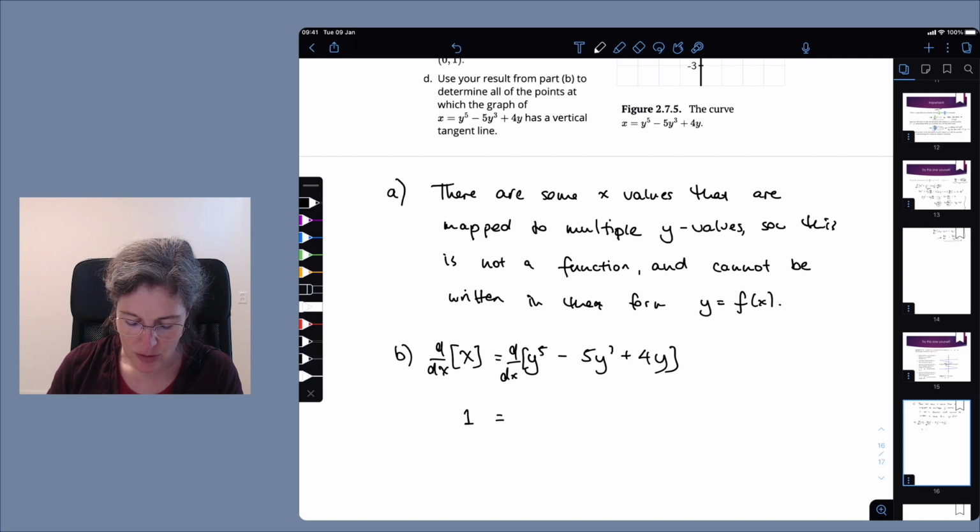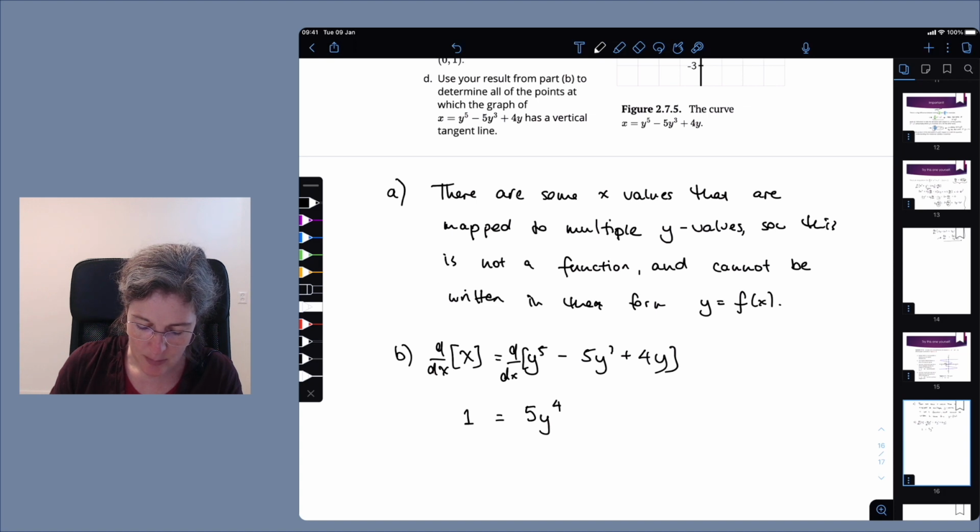Now we just have to remember that we're treating y as some implicit function of x. So we don't know what it is, but we do need to include the derivative whenever we take a chain rule. So here I've got y to the 5. So the derivative will be 5y to the 4. And then I need to remember that I've also got to multiply by the derivative of y, because this is really a chain rule.